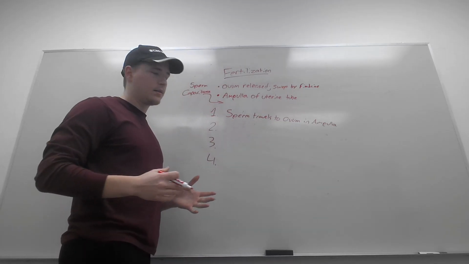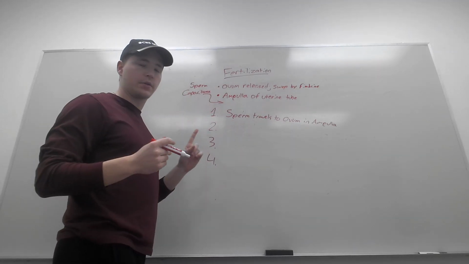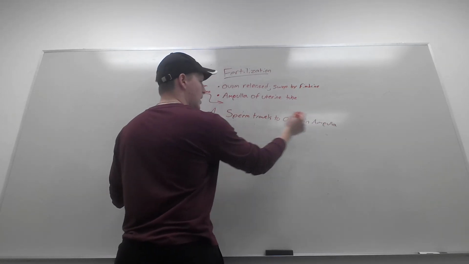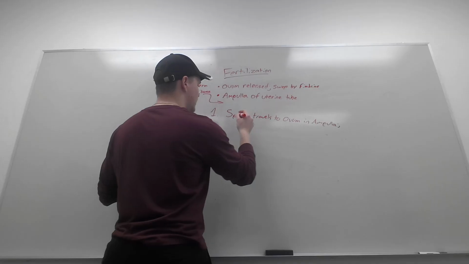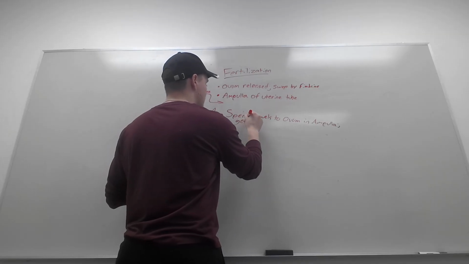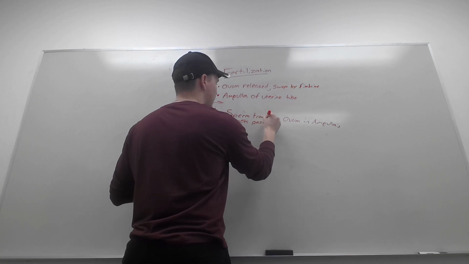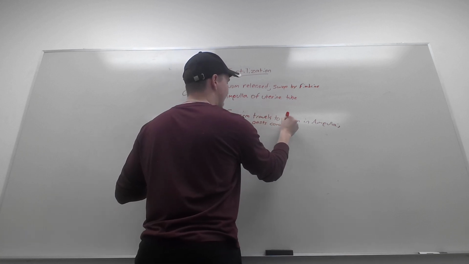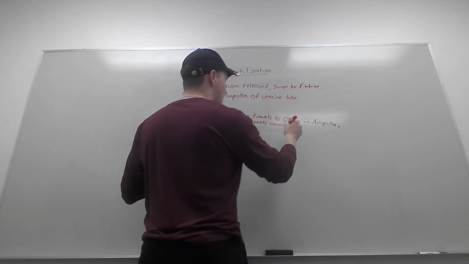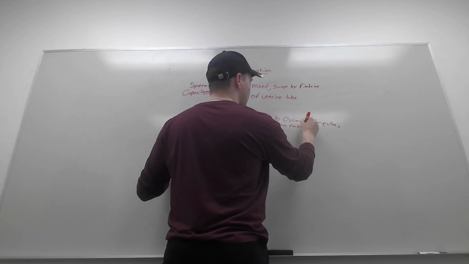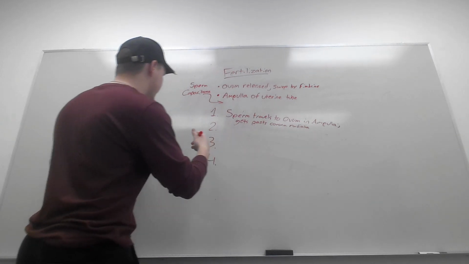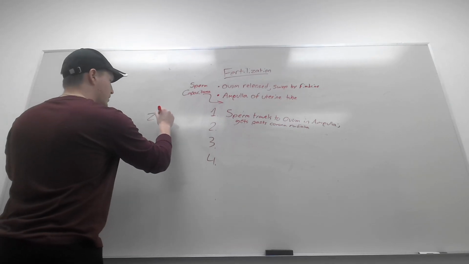As it gets there, it first has to go through the corona radiata, which is the outermost layer of cells for the ovum. What's next? Then the ZP3 receptor; ZP refers to zona pellucida.